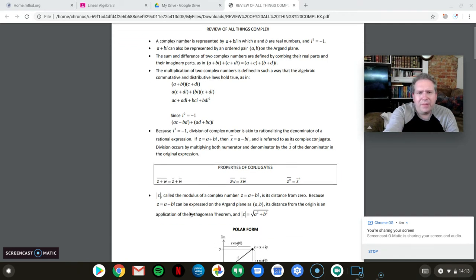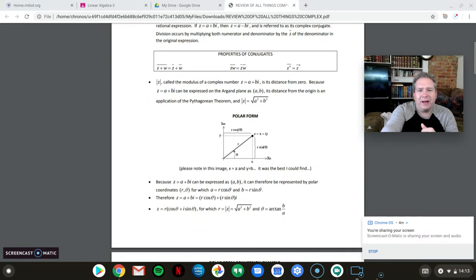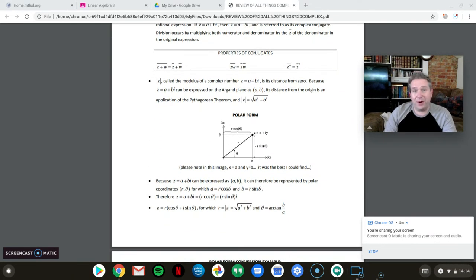And the modulus of a complex number really is its distance from zero, kind of like an absolute value with real numbers. The way that we envision this is actually by plotting. I think you've seen this before. Plotting complex numbers on what's called an Argand or a complex plane.